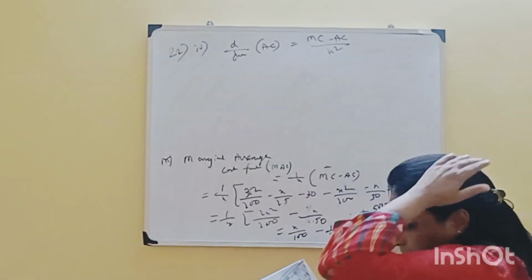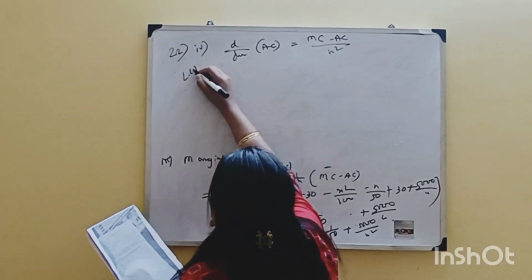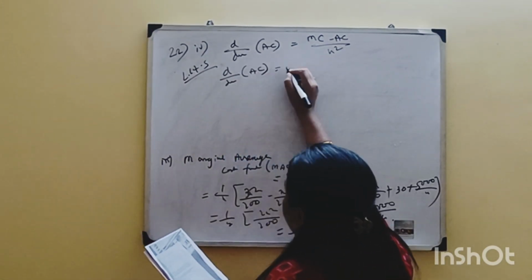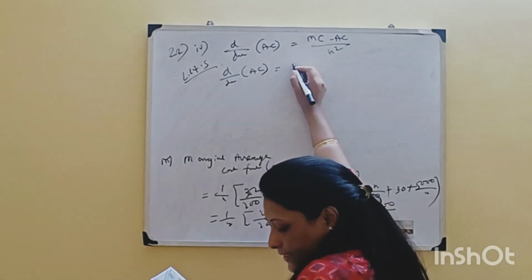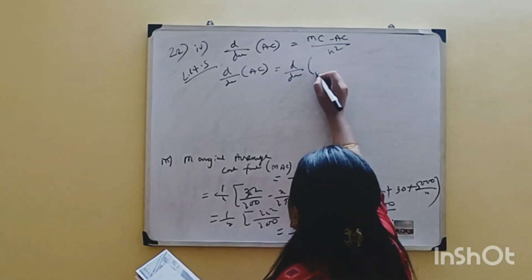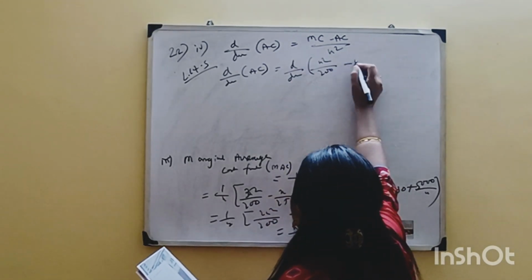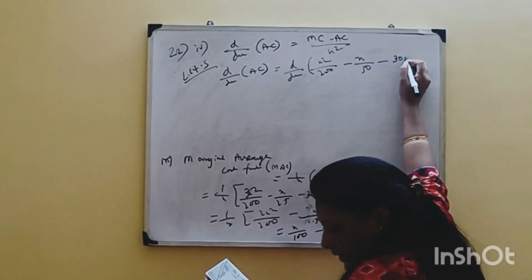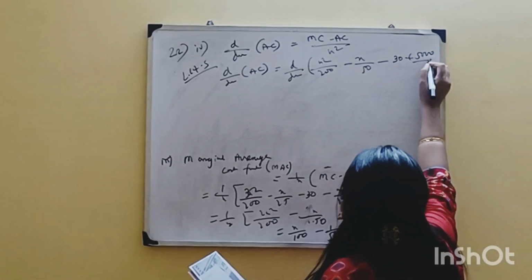Okay, so for the left hand side, d/dx of AC, that is d/dx of x squared by 200 minus x by 50 minus 30 plus 5,000 by x.